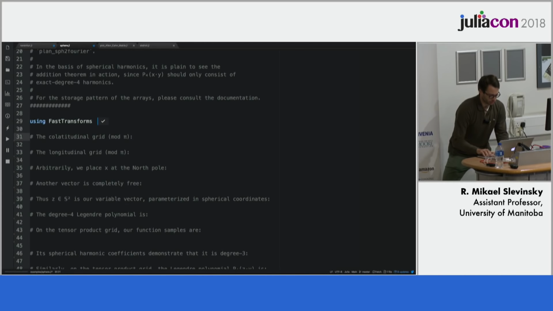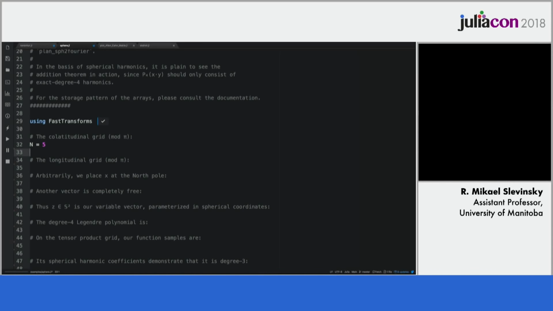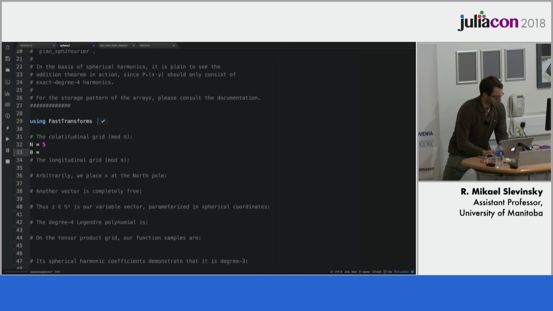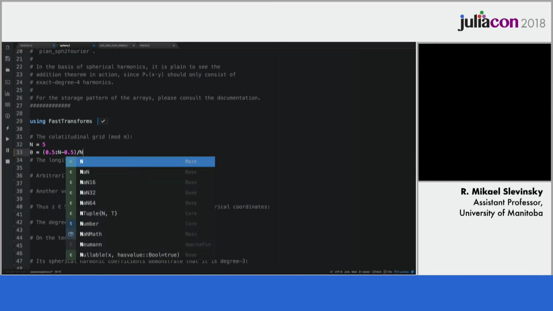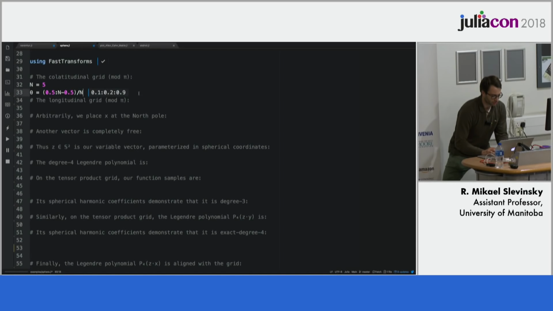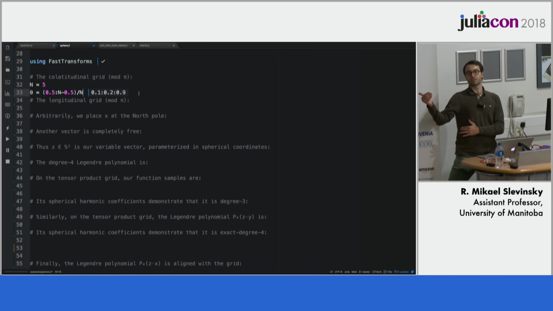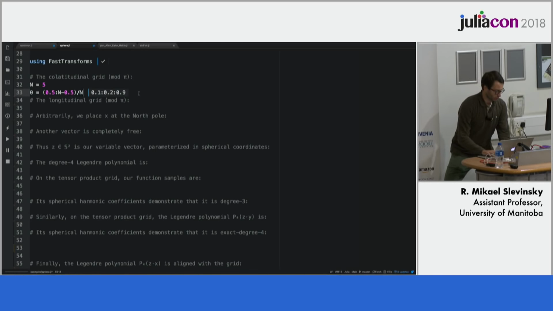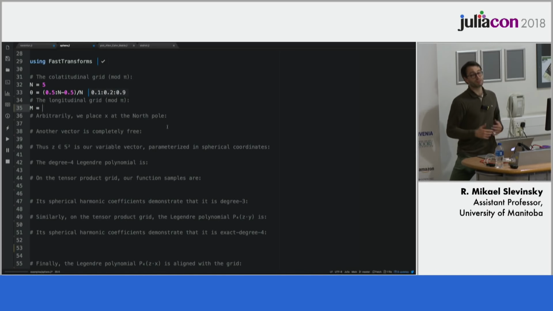So if we start with n equal to 5, we could set up our theta grid to be 0.5 to n minus 0.5, divided by n. Essentially what I'm doing is modding the grid by pi because we can get a slightly more accurate result. And then we're going to use a 5 by 9 grid.